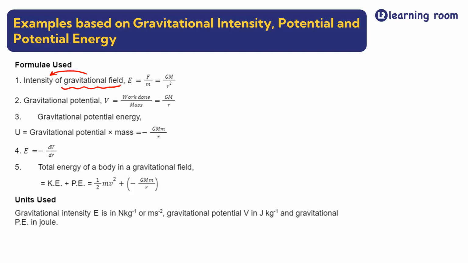It is defined like this. You calculate the amount of force and divide it by mass. So F divided by m is what gives you the gravitational field intensity. You can make a note of this. It is defined as G into capital M divided by R square.